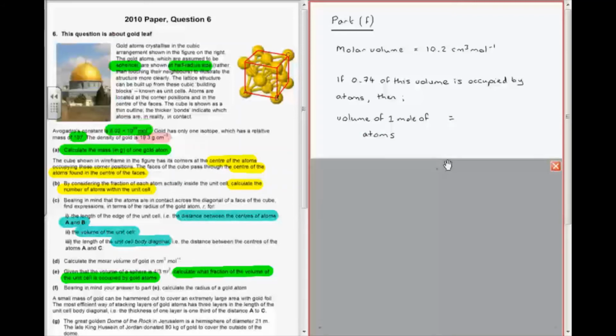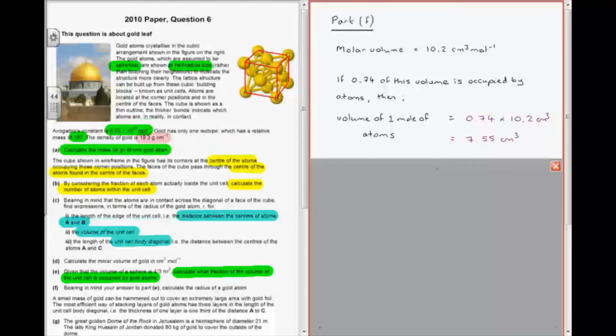by atoms. Knowing this then, we can calculate the volume of 1 mole of atoms to be 0.74 times 10.2 centimeters cubed. And if we do this calculation, we find the volume of 1 mole of gold atoms to be 7.55 centimeters cubed.